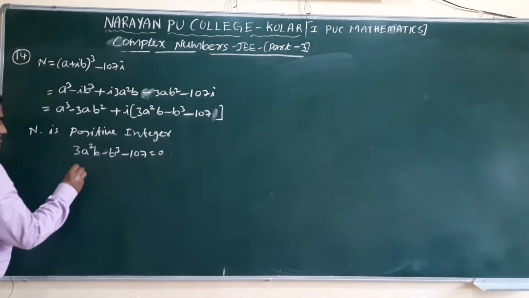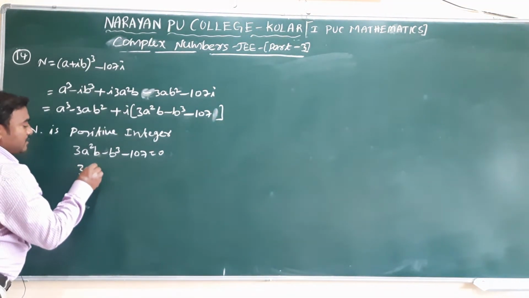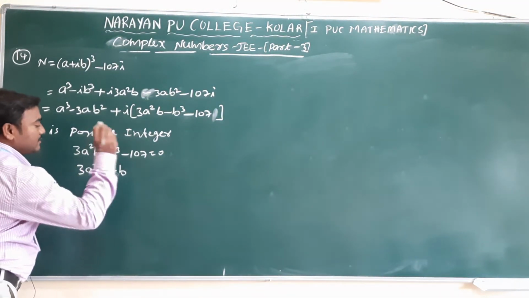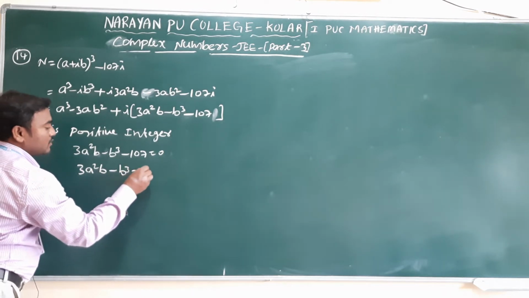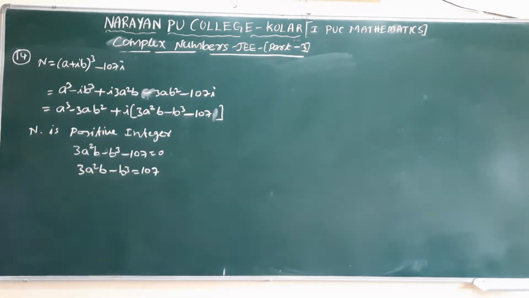So here 3a square b minus b cube is equal to 107.